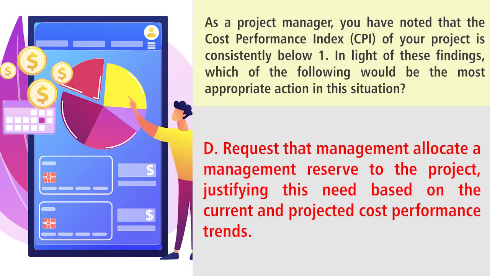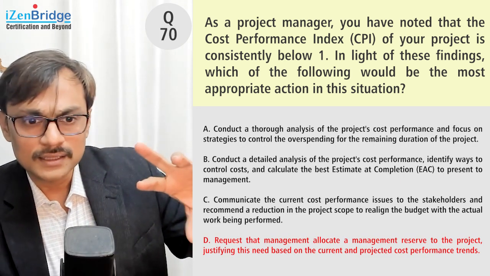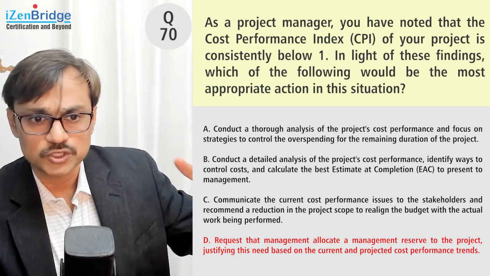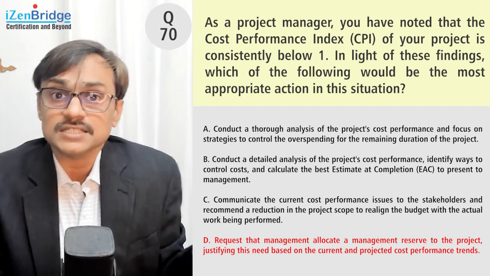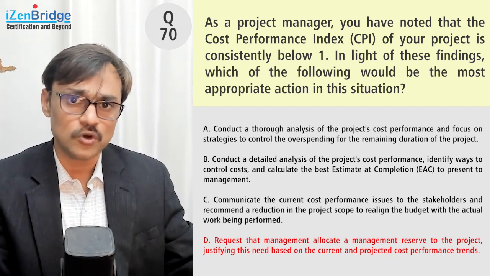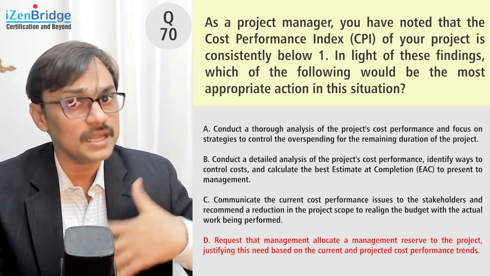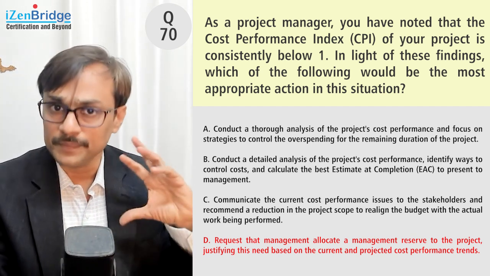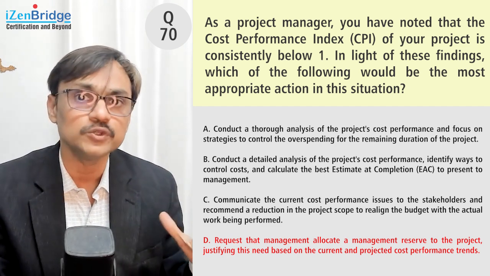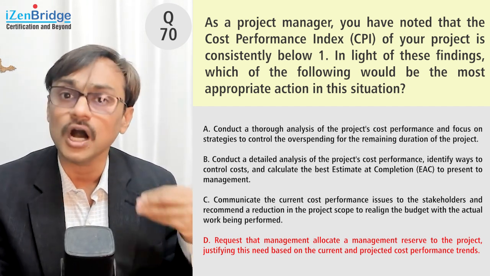Option D, request the management allocate a management reserve to the project, and justify this need based on current and projected cost performance trends. So C and D are direct actions. I'm saying I will present my information and ask for more money. Maybe asking for more money is not needed. You can reduce the scope. Maybe you can do things in a better manner. With B, I will do the analysis, present the estimate at completion, and we will brainstorm about what we should do.